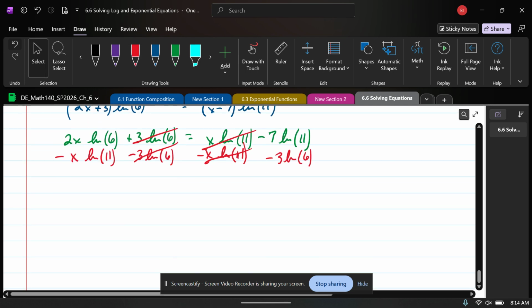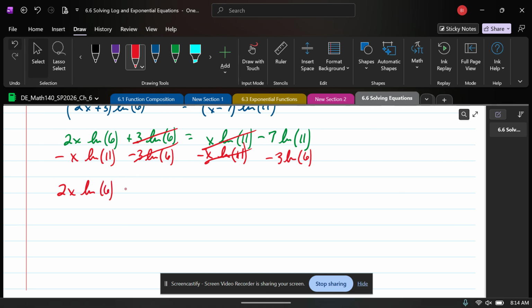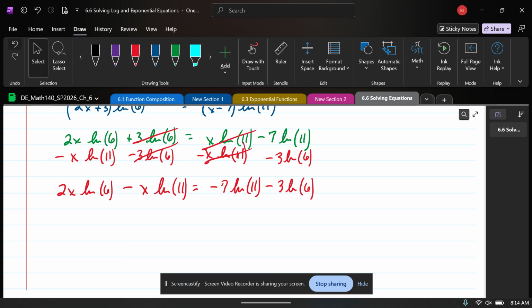So on the left-hand side, all I've got is 2x natural log of 6 minus x natural log of 11. On the right-hand side, I have negative 7 natural log of 11 minus 3 natural log of 6. So the left side has x's, the right side does not.